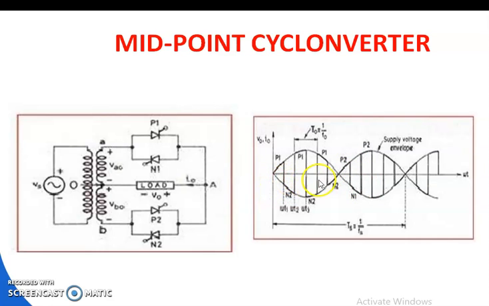Whenever the curve reaches the instant of 2 pi, the thyristor pair P2 and N1 commutates and the other pair, P1 and N2, starts conducting again, and this process continues.